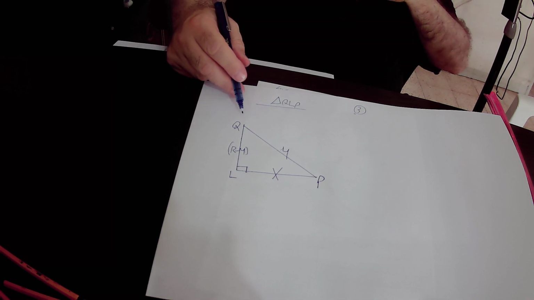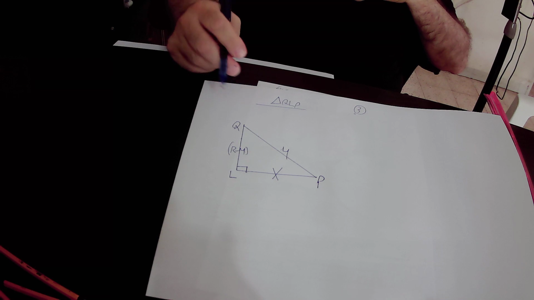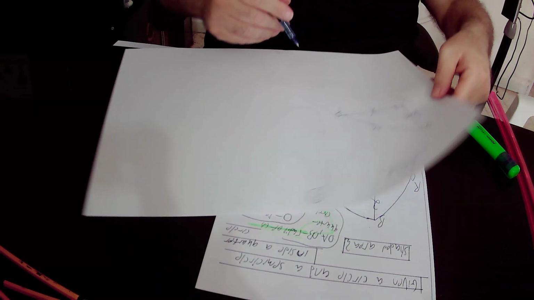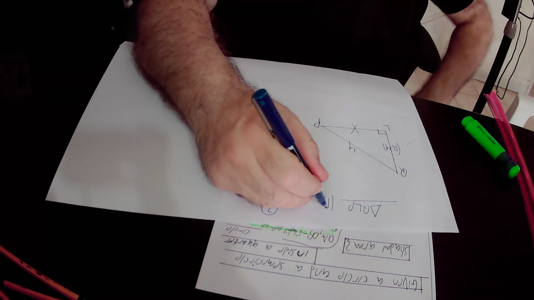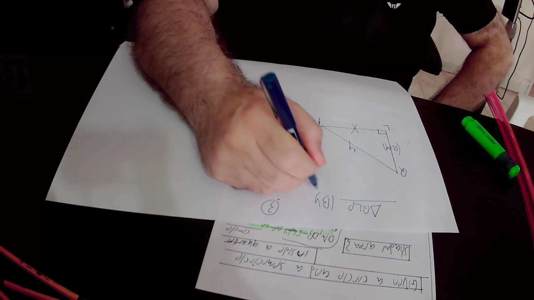We will implement the Pythagoras theorem on this triangle QLP. Here, PT is the abbreviation for Pythagoras theorem.